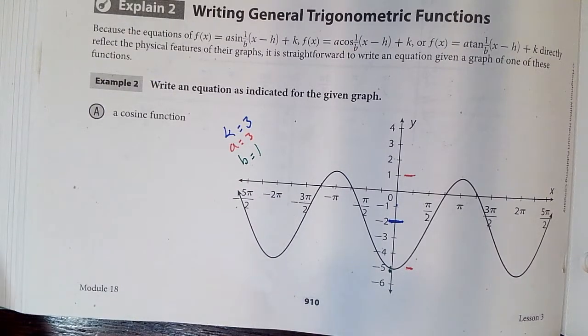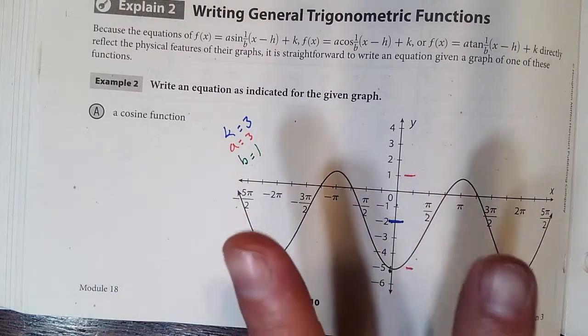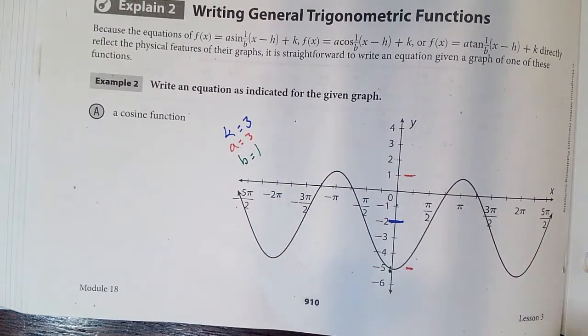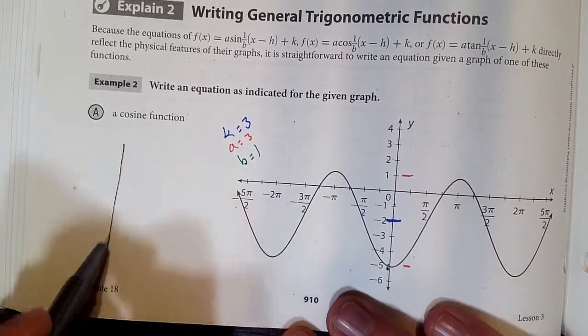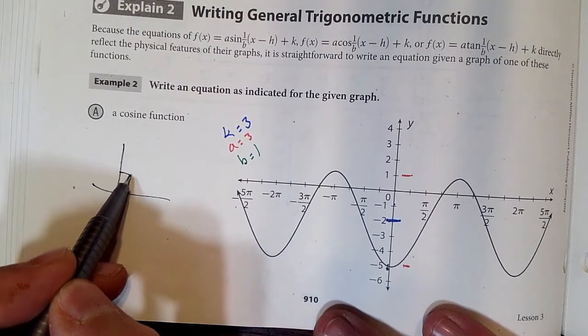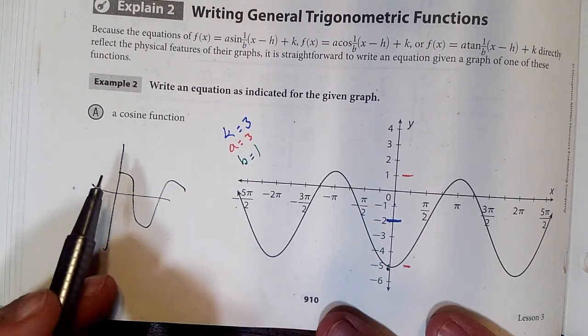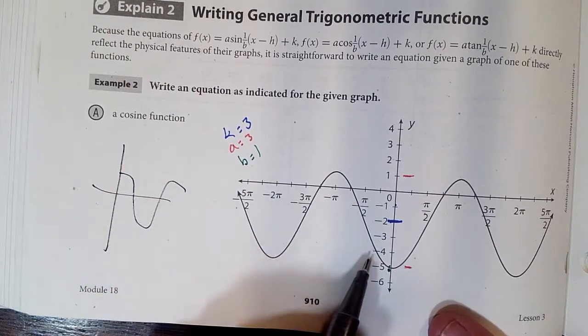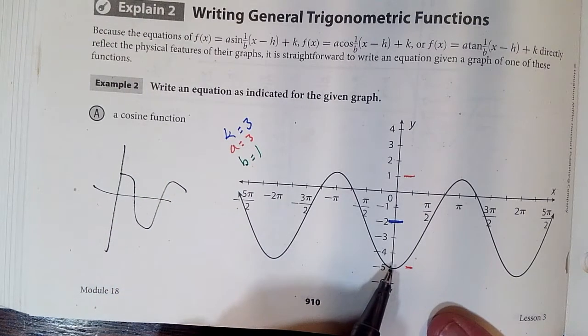So this one's where it's tricky, all right? There are 2 possible ways you could write this. There's 2 answers, and if you look at the answers on the next page, it'll explain what those 2 answers are, but I'm going to tell you first. So this is asking for a cosine function. Remember, cosine starts at the peak, so it looks like this. Well, it's already at the peak.